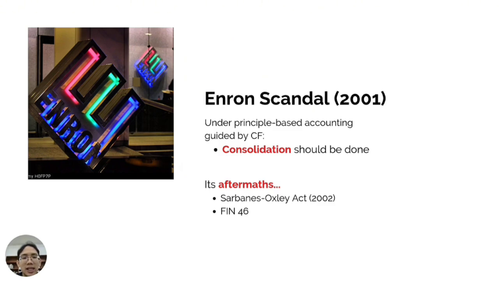Following the Enron scandal, reforms such as the Sarbanes-Oxley Act in 2002 and also FIN 46, which emphasized strengthening the consolidation requirements for companies, were introduced to prevent such cases from happening again.